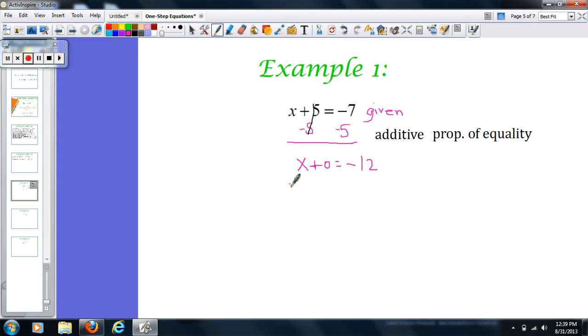And then the next property tells us that this is going to be x. So to go from here to here is going to be the additive inverse property.